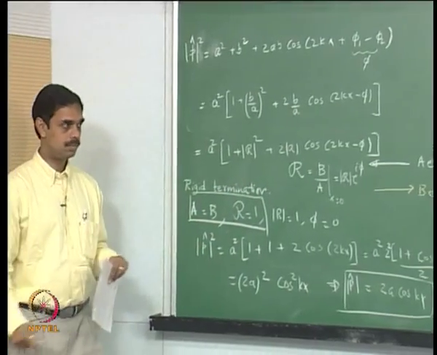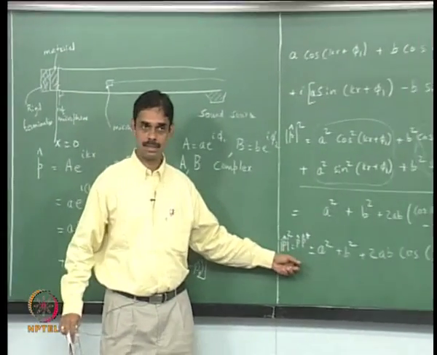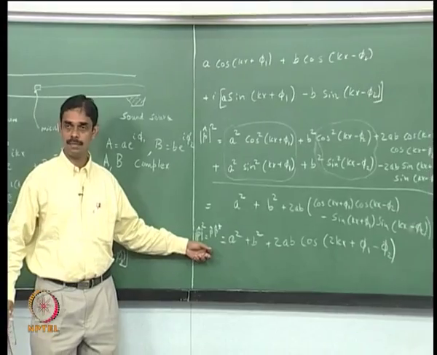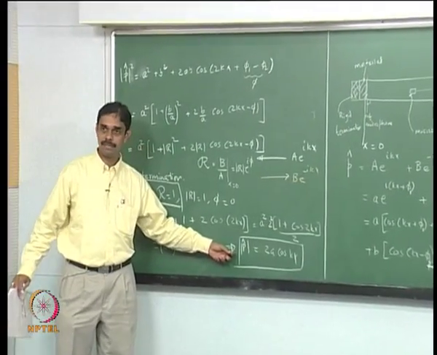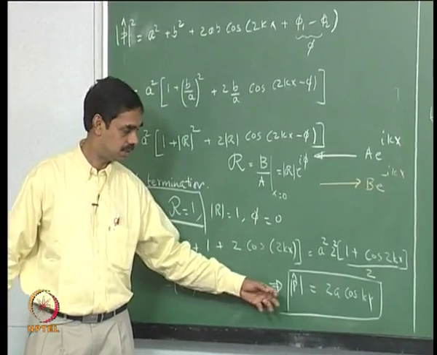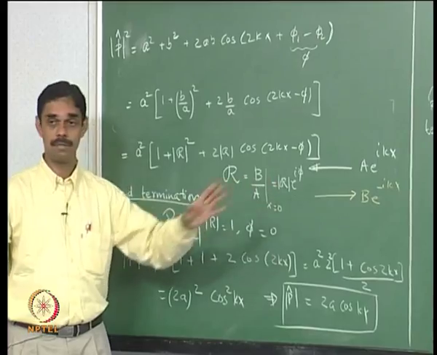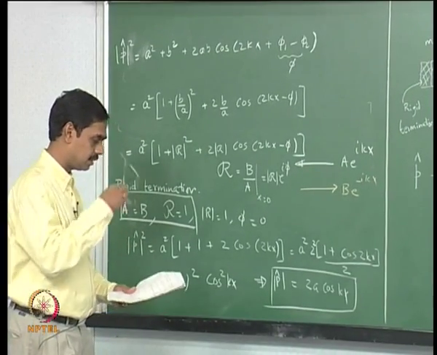This is a general result, and we are able to derive the previous expression that we got for the simple standing wave with one end closed and one end open, which is 2A cos kx. Okay, now we can look at what happens when the reflection coefficient is minus 1.